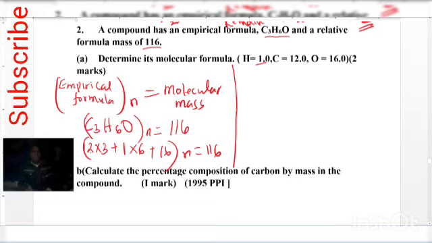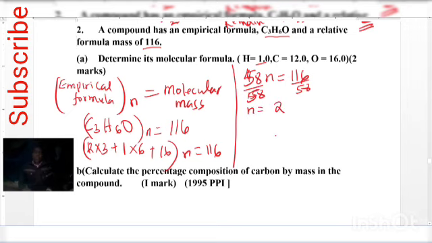When we do this multiplication, 12 times 3 is 36, plus 6, 42, plus 16 gives us 58. So 58n will be equal to 116. Divided by 58, n is equal to 2.